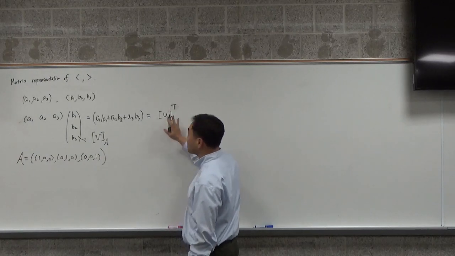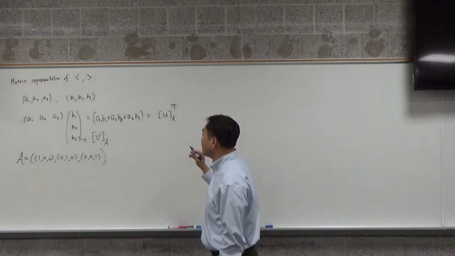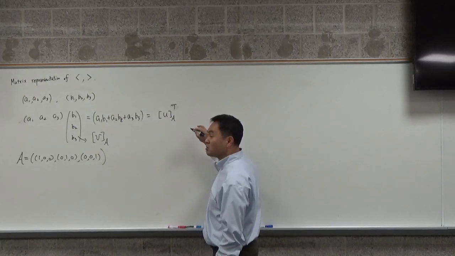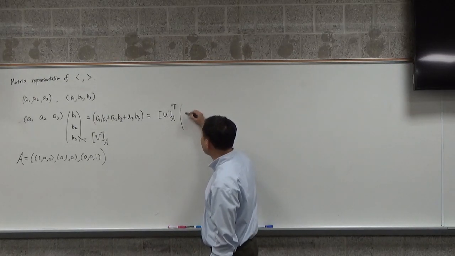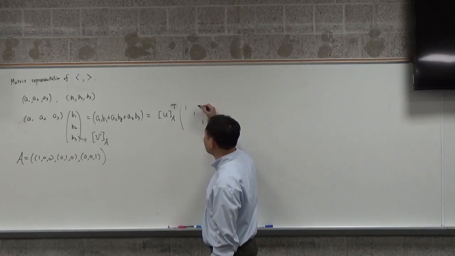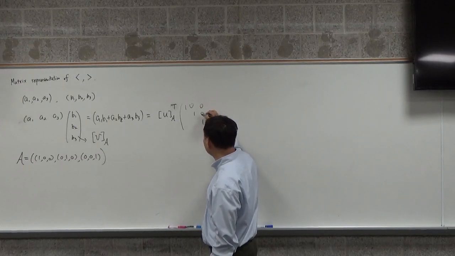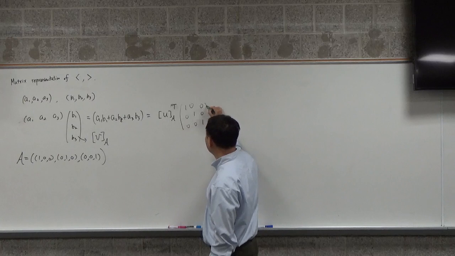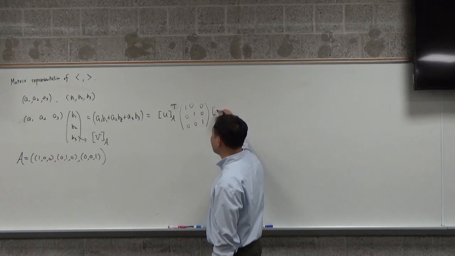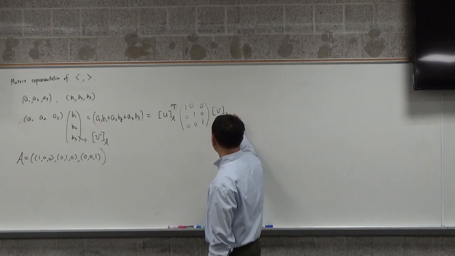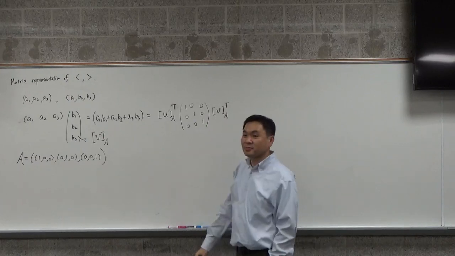So we take the transpose, TR, or I think people just use big T. So we take the transpose of this matrix, and then we're going to stick in an identity matrix, because it doesn't do anything, right? And then multiply V, A. Okay?